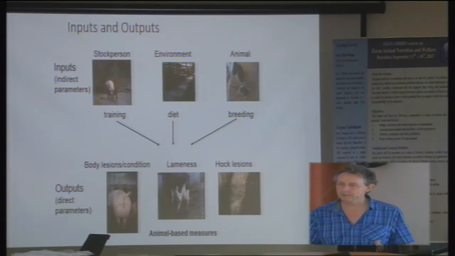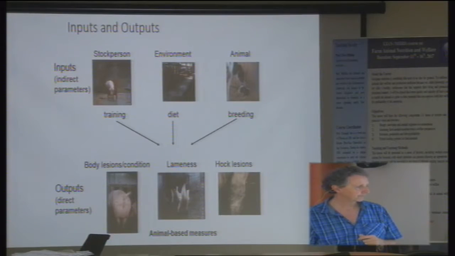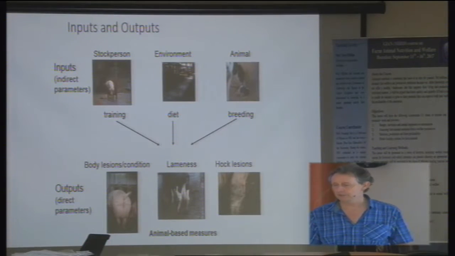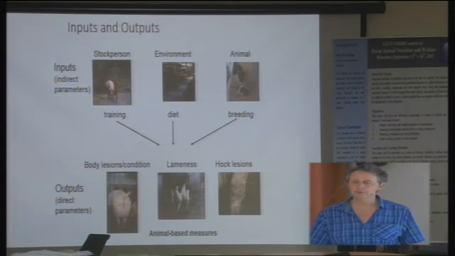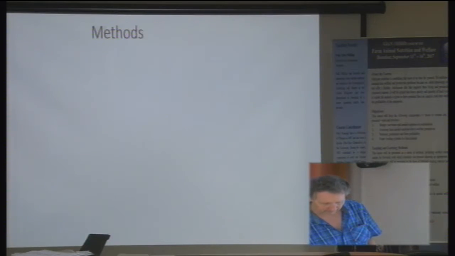How much experience have they had with the animals? Have they been trained or not? Both important. And then we've got the output variables, such as body lesions, bruising, we've got lameness and hock lesions. These will all be animal-based measures, and it might be heart rate, respiratory function, a whole range of animal measures that can be taken.